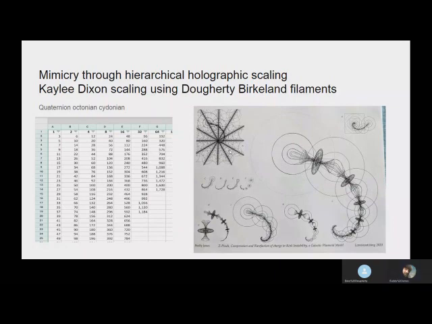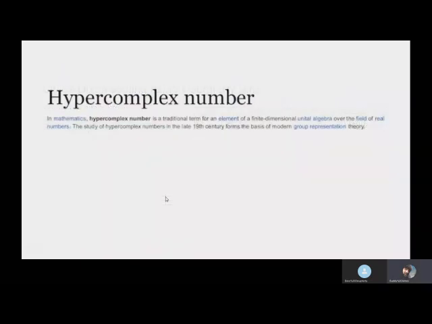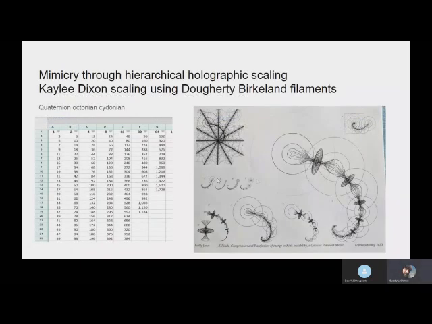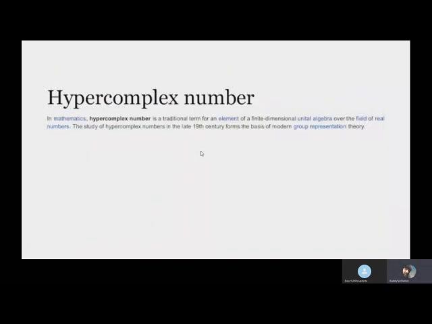And what's more is there's so many more, an infinite amount of filaments to get into. And there's also a filament of 144,000 that people talk about. So yeah, there's a number for everything. And this also happens to be a hypercomplex number.